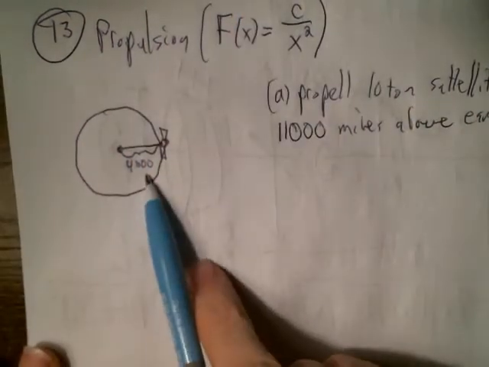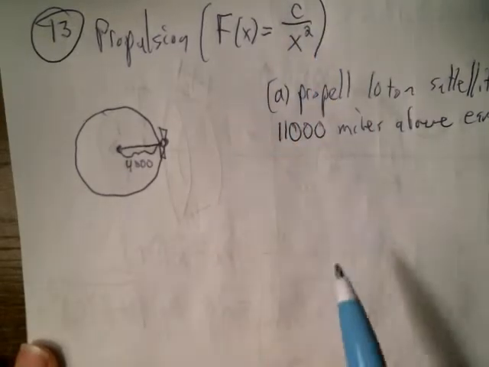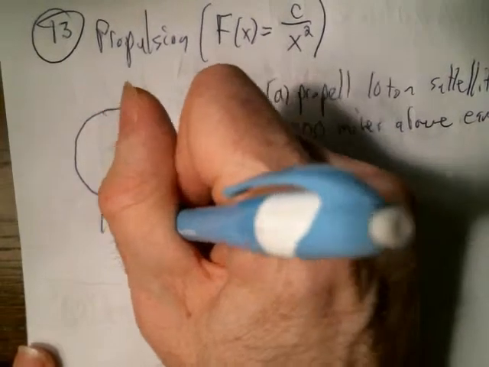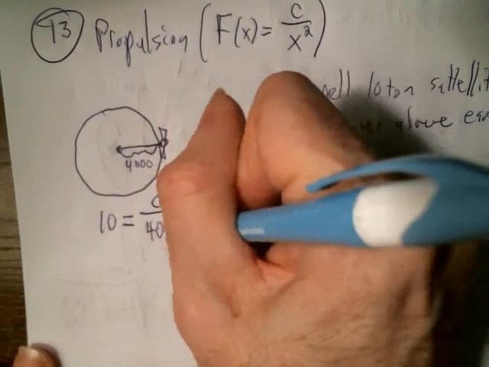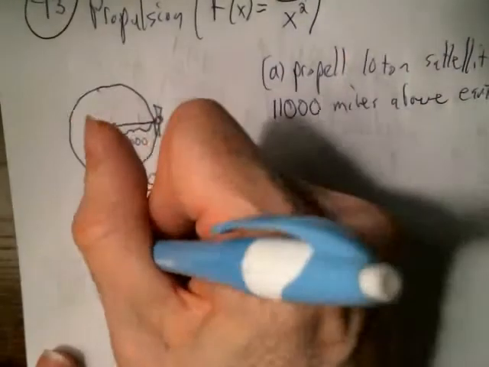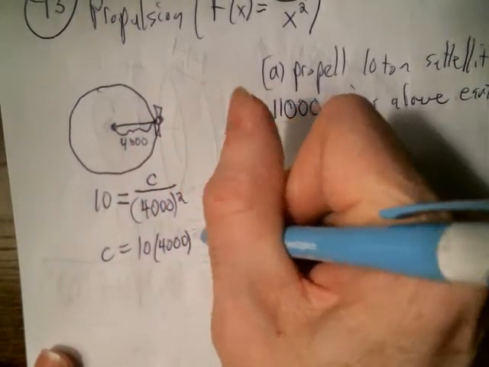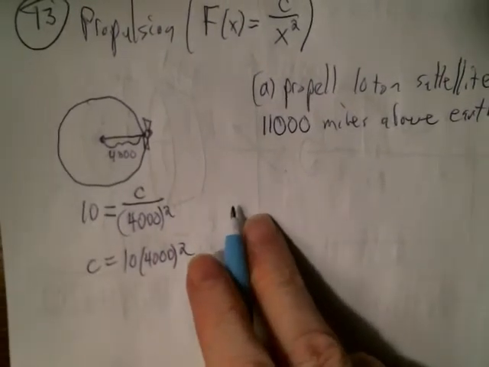In other words, we could use this information in order to solve out for the constant c. Okay, so we have a 10-ton satellite. 10 equals c all over 4,000 squared. So our constant c will be 10 times 4,000 squared. Then we can plug that in for our force formula.